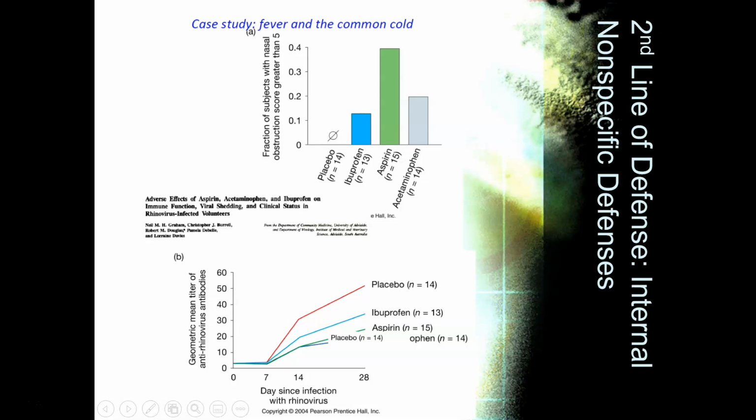So there seems to be at least some minor correlation between your taking of anti-inflammatories and actually increasing the length at which you remain ill, which is kind of interesting.